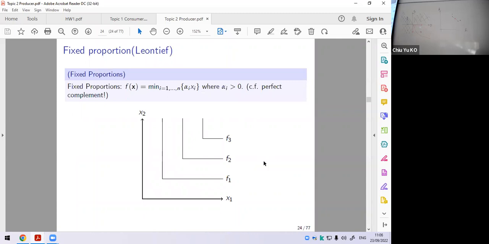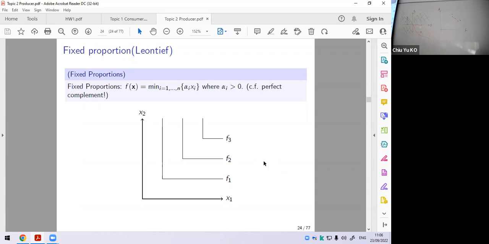And here is perfect complement, and they have good names in production. They call it Leontief production or fixed proportion. You need a fixed amount of input 1 and 2 in order to produce this. I think that fits very well. If you have only two eyes, and I give you more than one laptop, usually you're not more productive.